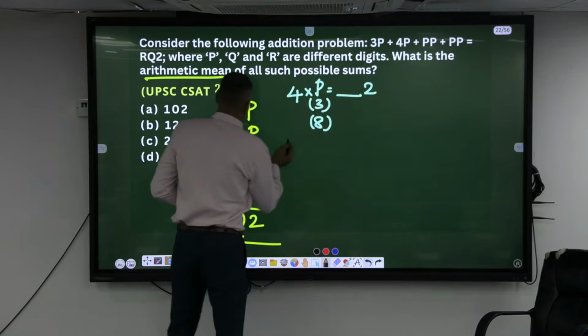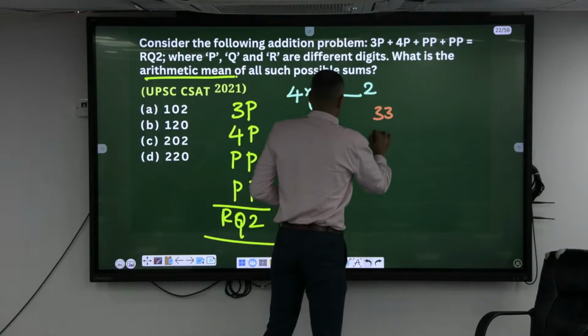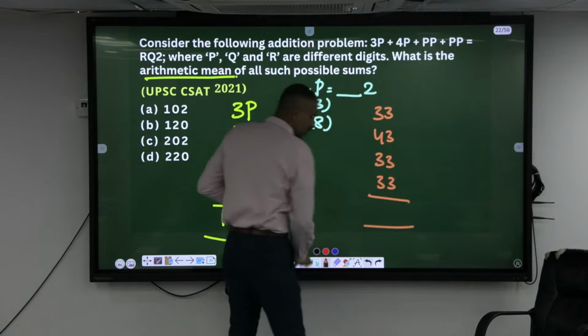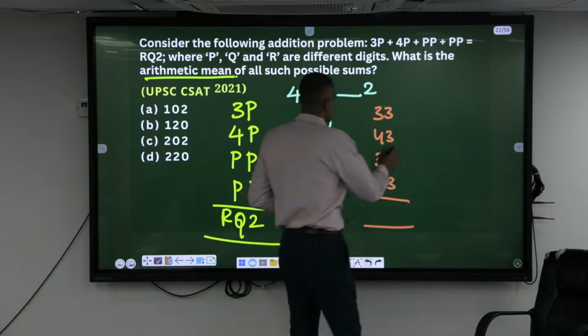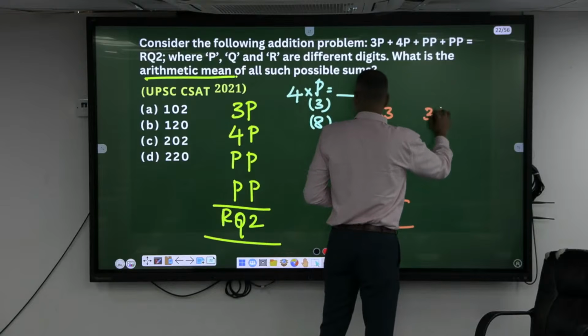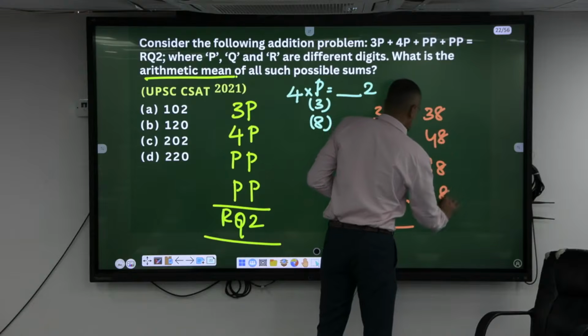So the numbers will be here. Can I say this is 33, 43, 33 and 33? This is one possibility. Another possibility here is 38, 48, 88 and 88. Can I find the sum?